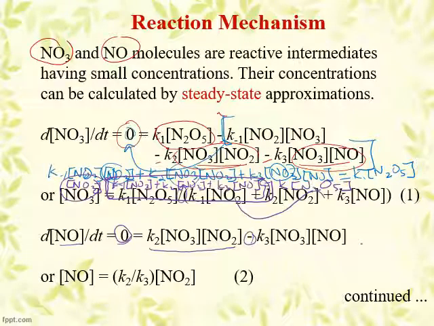Now we bring NO like we did for NO3. We leave NO on one side and bring all of these to the other side. That's why we end up getting [NO] equals k2 over k3 multiplied by [NO2].